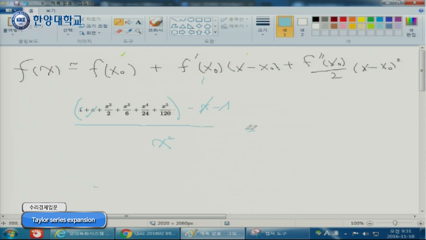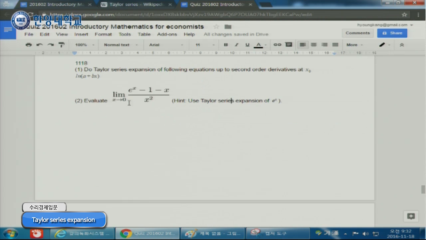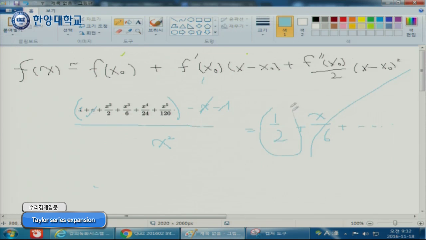And then, well, now we have 1 over 2 plus x over 6 plus blah blah blah, but it doesn't matter because they all go away because we evaluate at 0, so it is 1/2. So yeah, it shouldn't be so difficult. Yeah, any question?